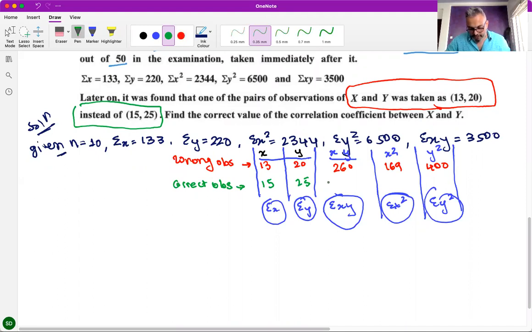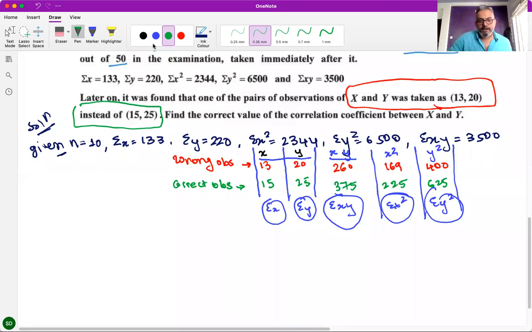Correct is 15 into 25, 375. 15 square is 225 and 25 square is equal to 625. So you can see this was wrong and this one is correct. Okay, you don't have to do the total and all right now. The wrong observation was included. Now we have to remove wrong and find the correct.